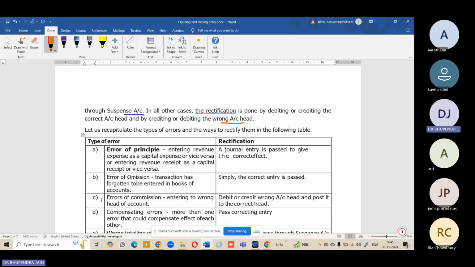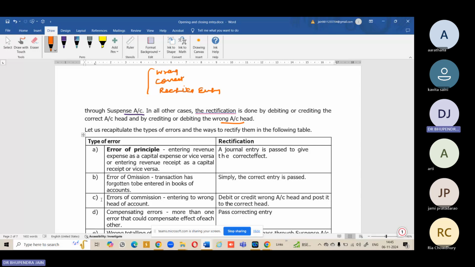If a double side error occurs, how do we rectify the entry? First, we will pass the wrong entry, then the correct entry, and then the rectified entry. If a single side error occurs, then we will balance the account using the suspense account.